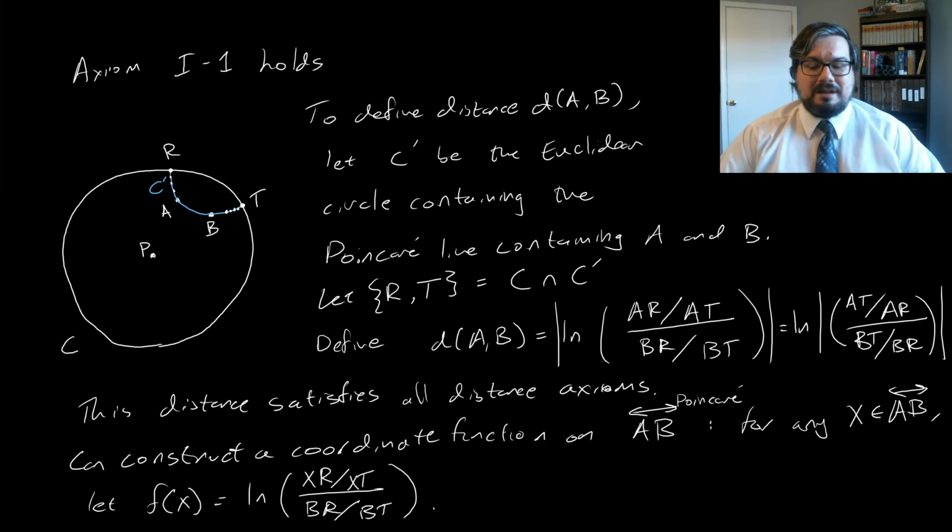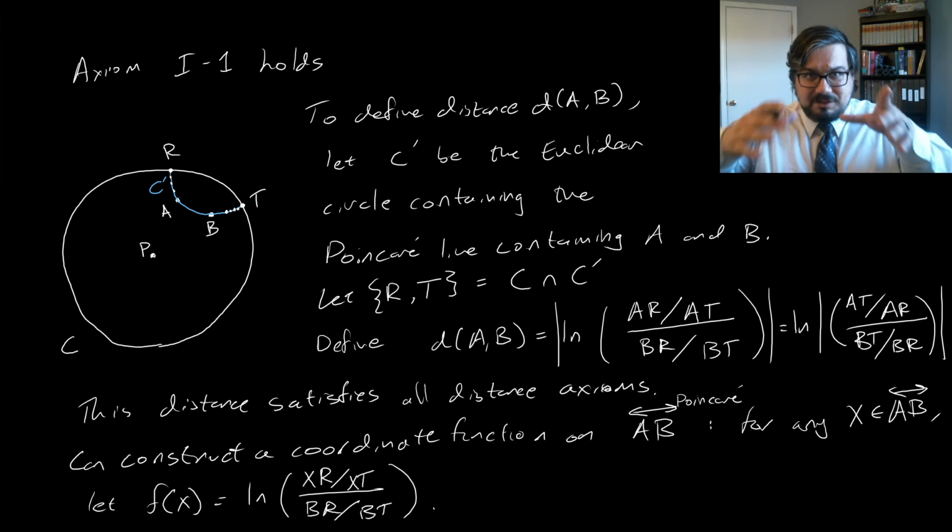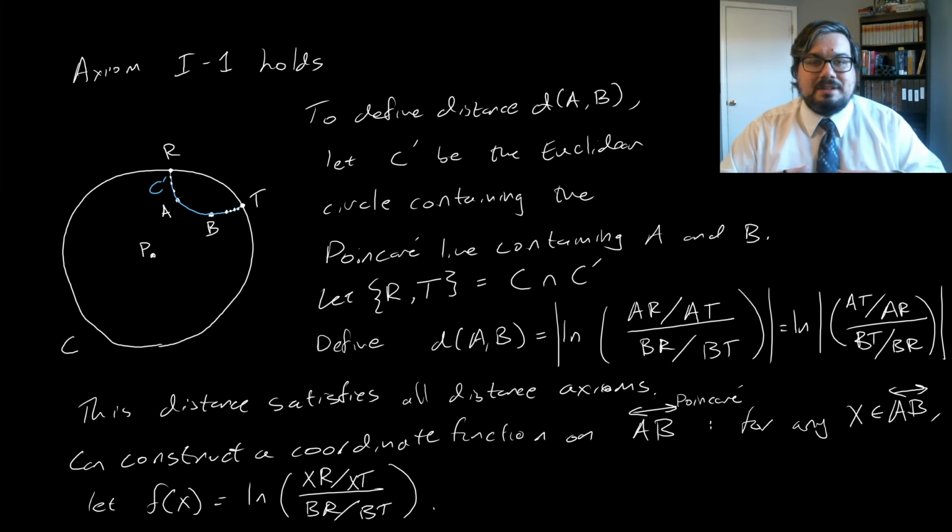I find this somewhat profound that whether or not a space is finite or infinite in some dimension, in some measurement, can depend entirely on whether you're living inside it or outside of it. Those of us looking outside the Poincaré model can see that it all lives just inside this little circle with radius 1.